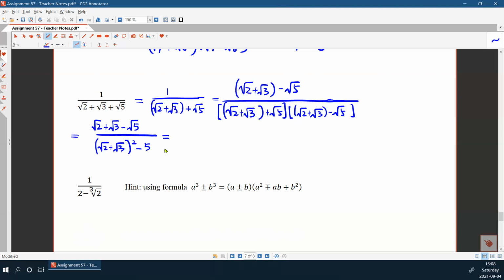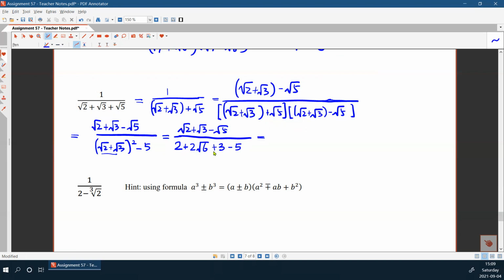Okay, so what's next? Next, we can just expand the denominator, right? Okay, so if you just expand the denominator, it is actually 2. According to the formula, 2 plus twice of AB, right? Twice of AB is 2 times square root of 6. And then plus b squared, which is 3, right? And then minus 5.